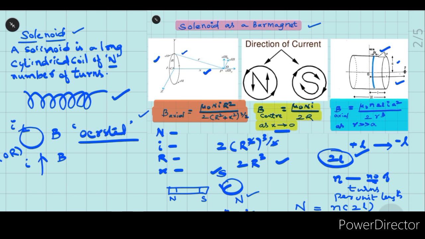The width of the solenoid is dx and its distance from the point P is r minus x, because from the center the dx width solenoid is at a distance small x. So for dx width the solenoid, the point P locates at a distance of r minus x.